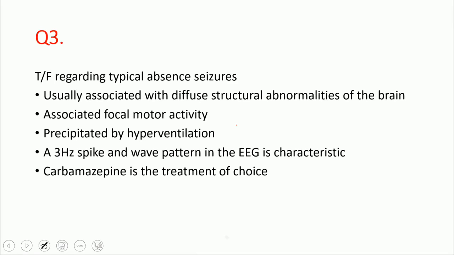In the typical absence seizure, there is absolutely no motor activity associated. Another characteristic feature is that you can induce it by hyperventilation. That is another important point about these seizures. Sometimes you can elicit them in the clinic when we see these patients. You ask them to hyperventilate, and it comes.